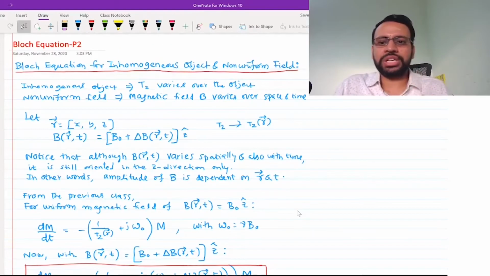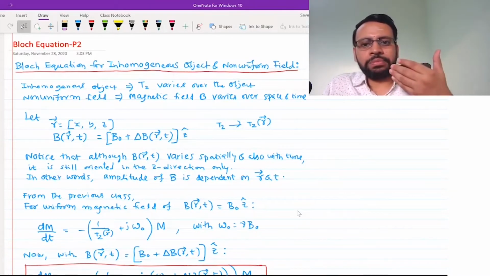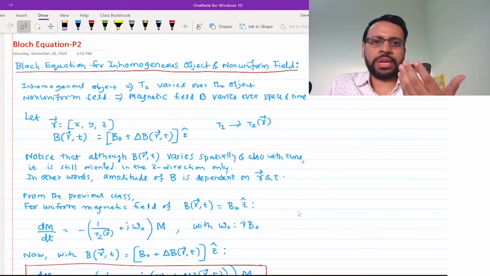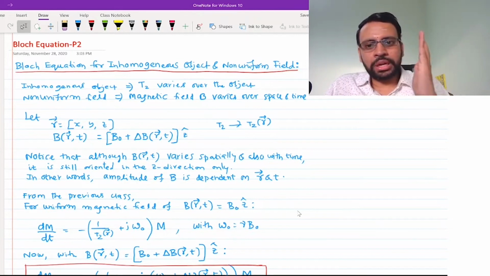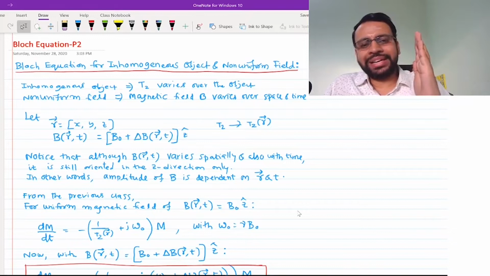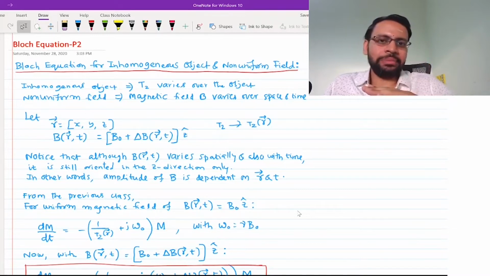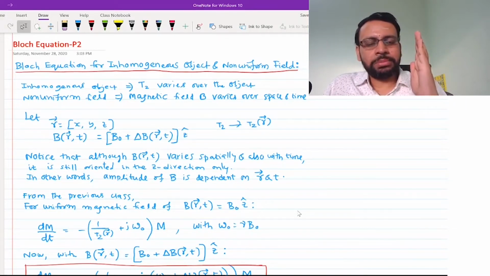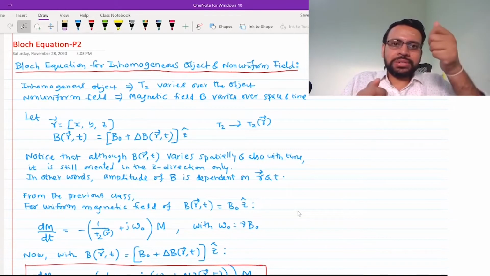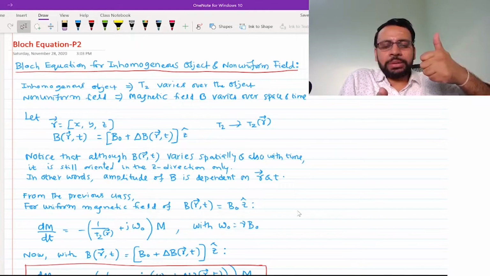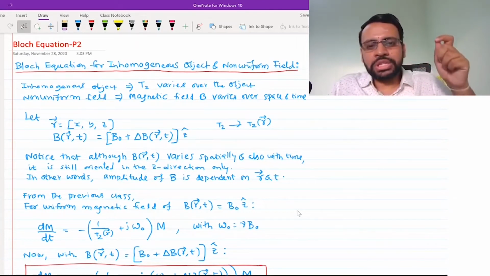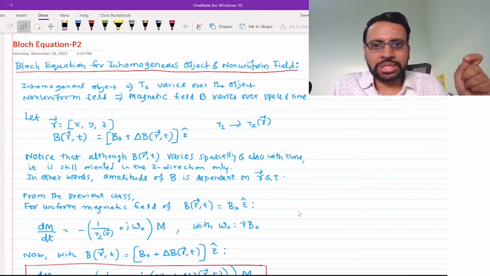One word of caution here. When I say the magnetic field varying spatially, it doesn't mean I have the B component of this magnetic field in X, Y directions as well. I still have the applied magnetic component in the Z direction only, but this Z direction component value varies spatially depending on at which X, Y and Z location I am.